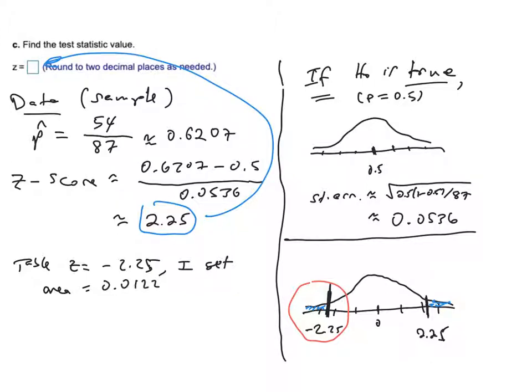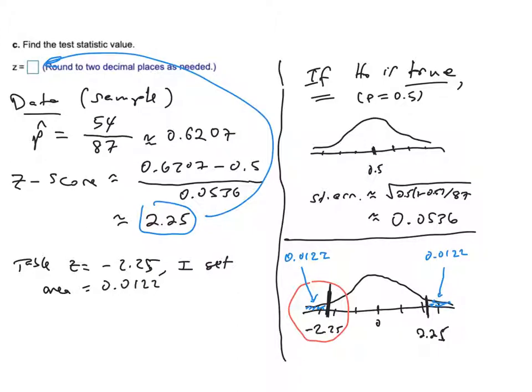So I'm looking for the z of negative 2.25, and the area I see is 0.0122. So that's the amount of area that is over here, which means that that's also the amount of area that's over here.